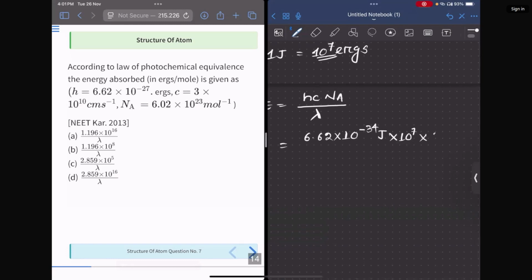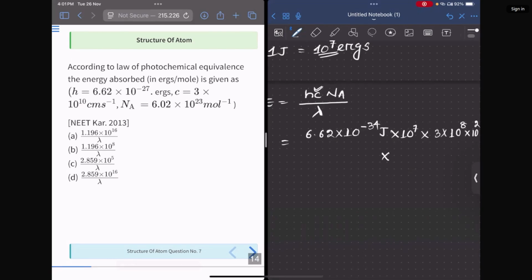Then 3 into 10 to the power 8 for C, the speed of light. It is meter per second, but we have to convert it into the CGS system, meaning centimeter, so we multiply by 10 to the power 2. And the Avogadro's number 6.02 into 10 to the power 23, divided by lambda.